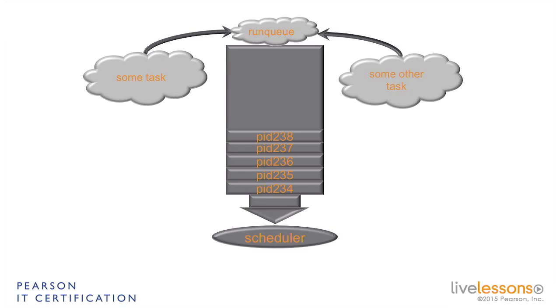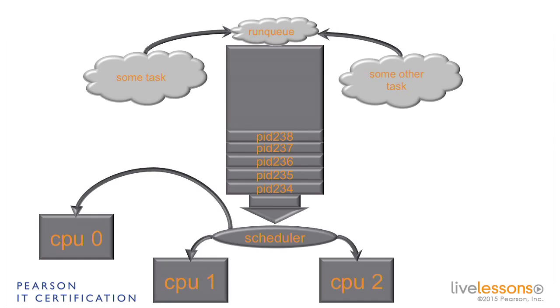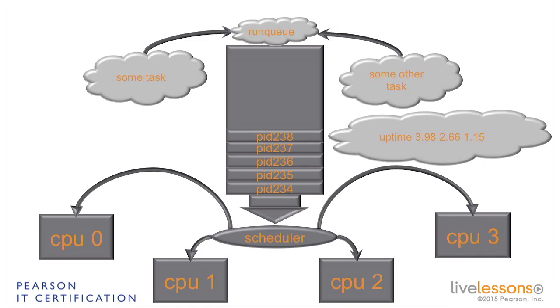So the scheduler is what is taking care of running these processes. And the scheduler is the part of the kernel that will put the process on CPU 0 or CPU 1 or CPU 2 or CPU 3, depending on the amount of CPUs that is available in your system. Now, to get an overview of the current state of system activity, there is the uptime command.